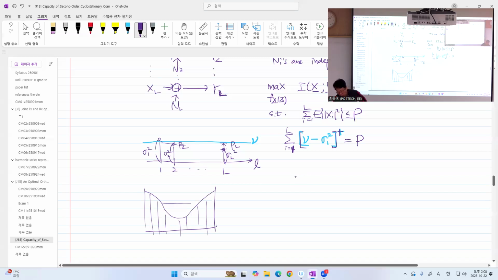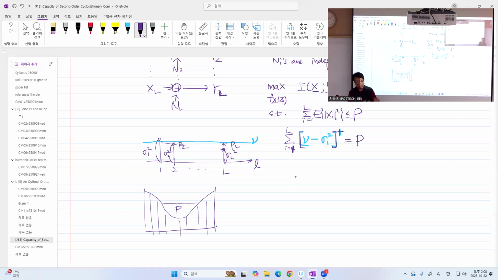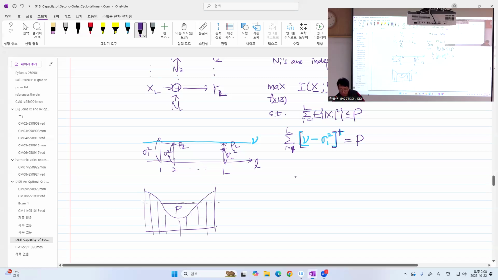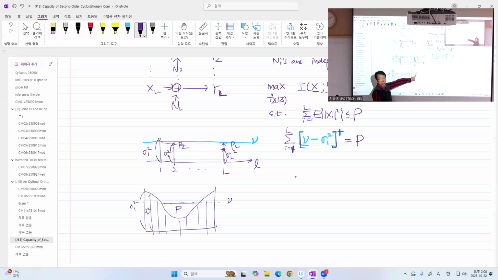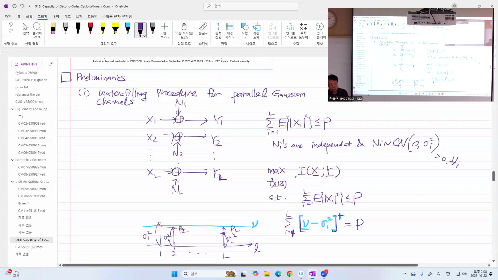Then there will be a flat surface and the entire volume of water, in this case area, will be P, right? And here, this level serves as nu, and this height serves as sigma 1 squared, sigma 2 squared, something like that. So finding the unique water level nu that satisfies this equality is the same as water filling in our real world. That's why this procedure is named the water filling procedure.